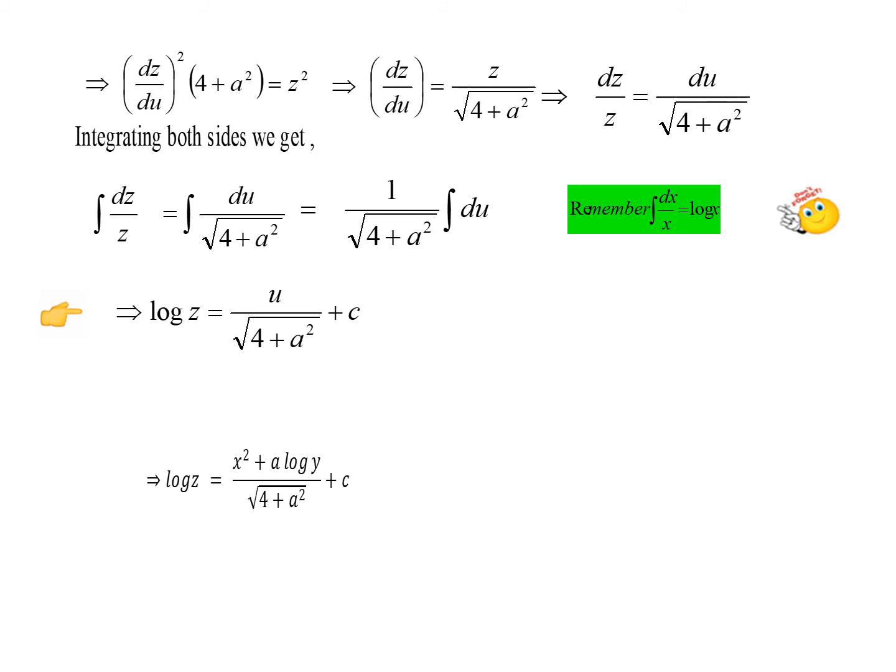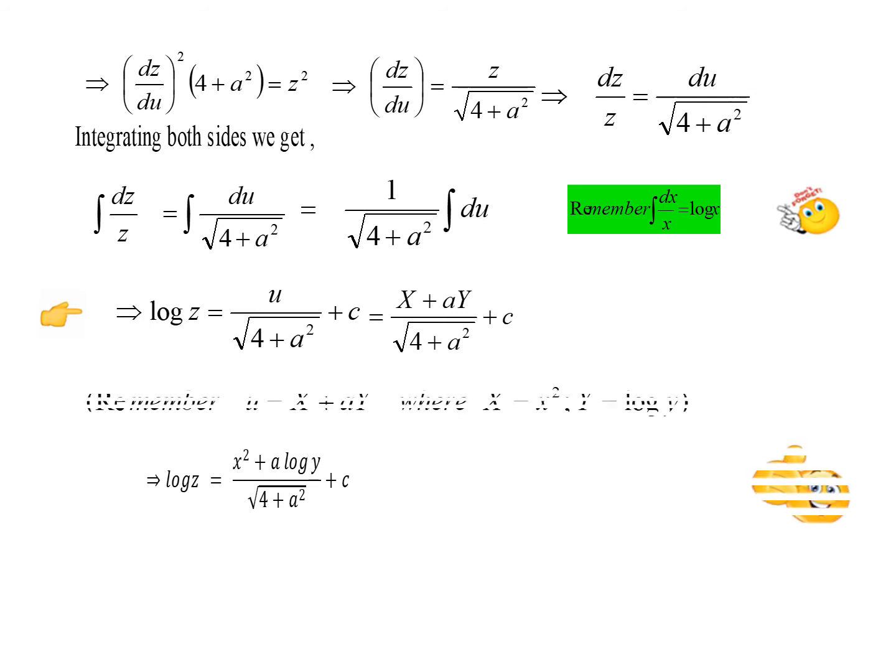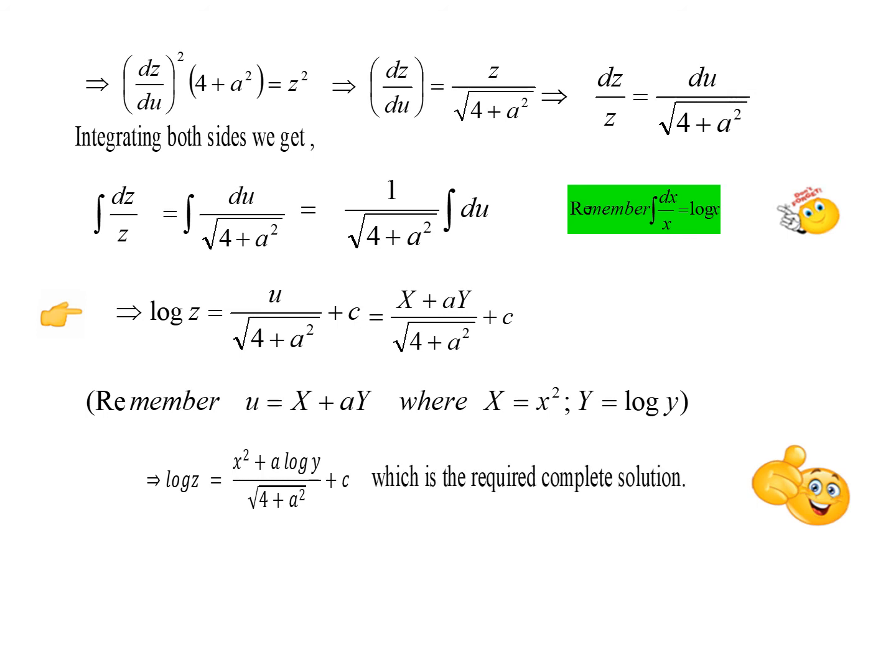And this u is some variable which we had inserted in between. So we need to replace it by our original variable capital X plus a capital Y. And of course that capital X and capital Y also in turn we need to change. So remember what was capital X? We substituted small x squared as capital X and log y as capital Y. So let us replace all these with our original variables.